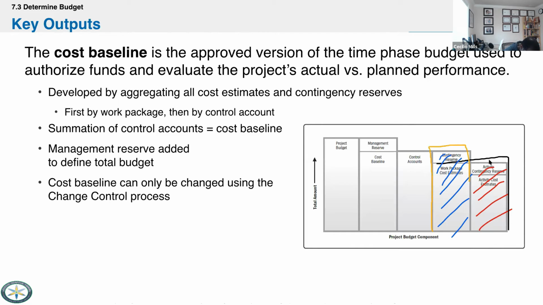It may roll up to a control account. You may or may not be using control accounts. Maybe you just have a product backlog, who knows? But either way, that's what rolls up into your cost baseline. So we perform reserve analysis twice.